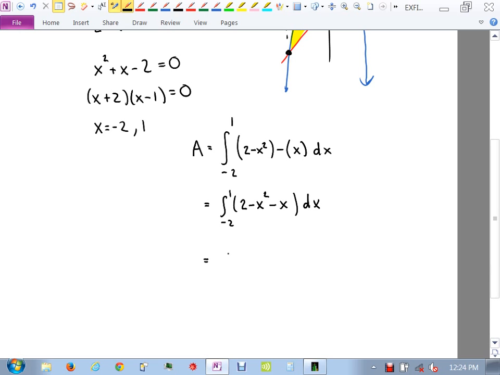And that's just 2x minus 1/3 x cubed minus 1/2 x squared evaluated from negative 2 to 1. So that antiderivative is pretty clean, right? There's not a whole lot to that.